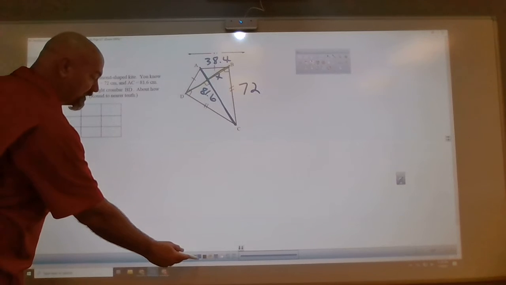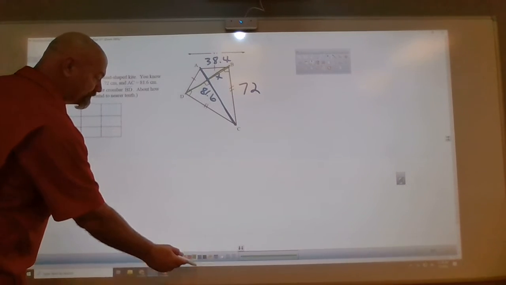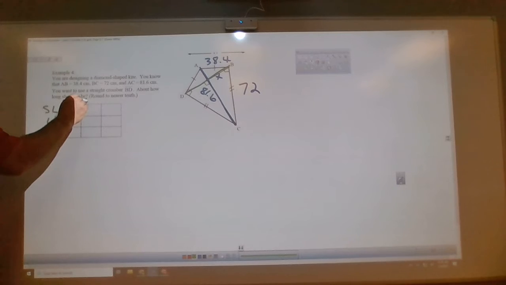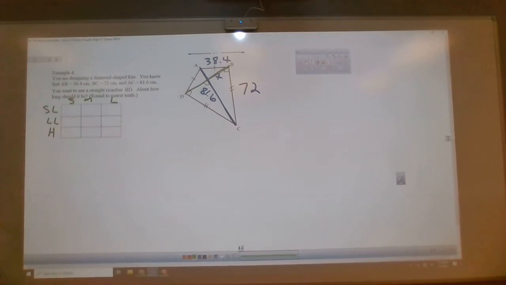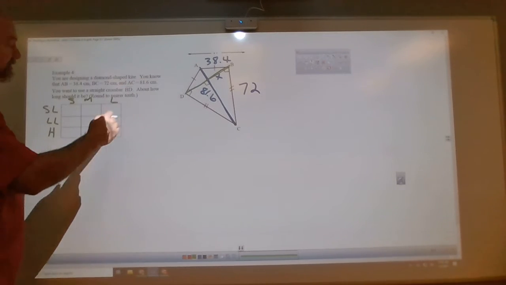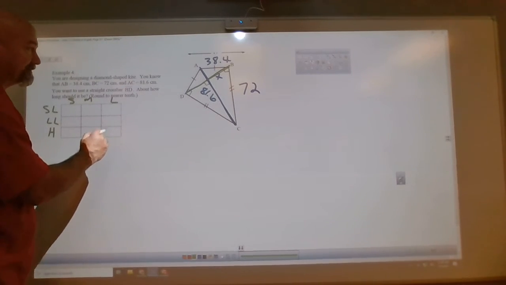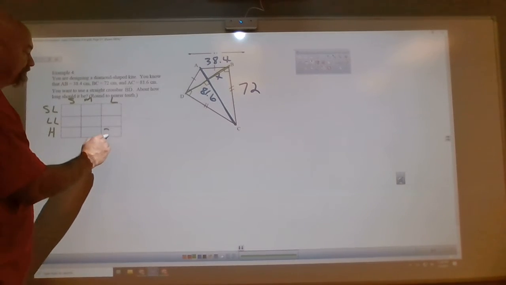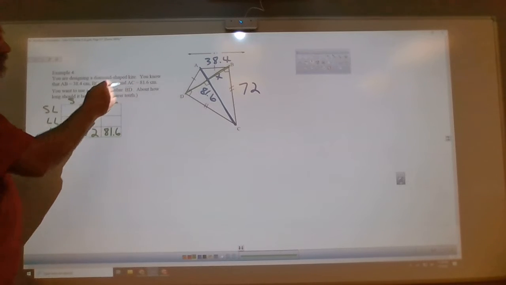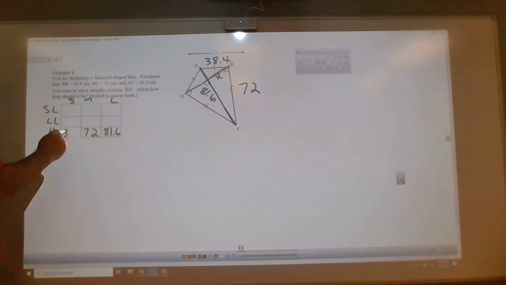So now we'll go. Hypotenuse of the big one. Hypotenuses are always easier for me, I don't know why. So the hypotenuses are 81.6, 72, and 38.4.